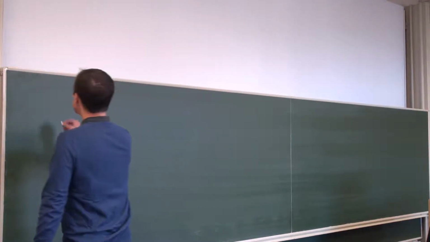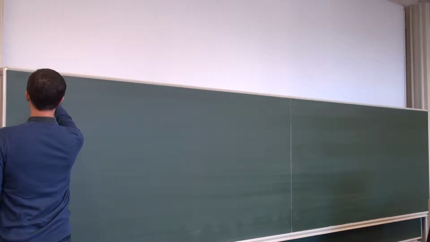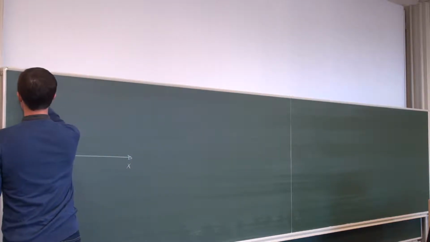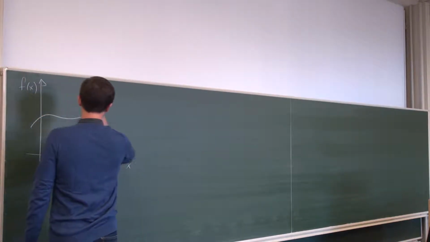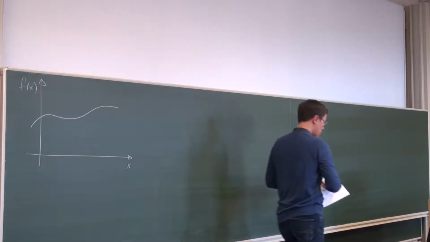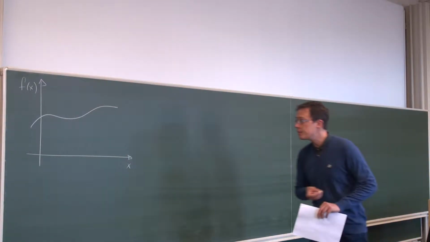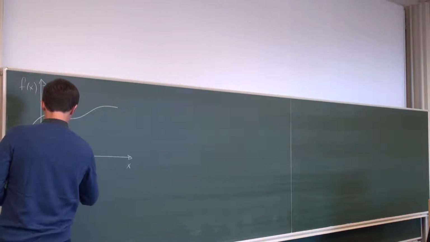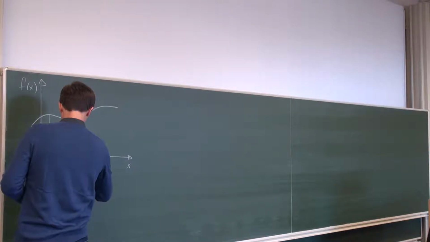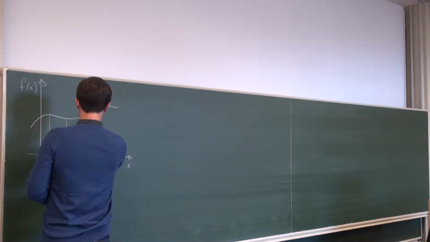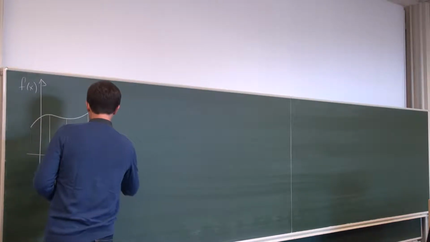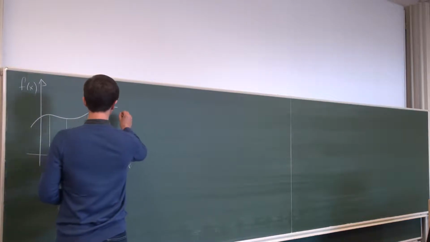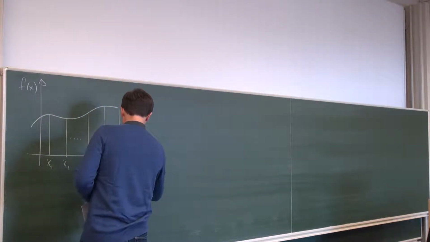In a very simplified form, what we will have is something like this. There will be a coordinate x, there will be a function f of x, and we would like to differentiate a function that is only defined for us at discrete points. So this would be x1, x2, and so on, xk, xk plus 1, and so on.